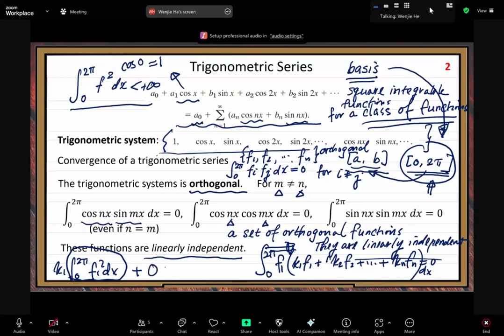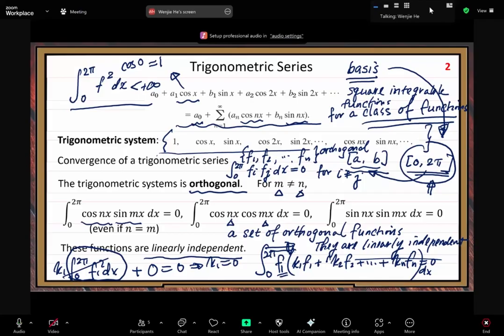Equals 0. Can you get k1 equals 0? k1 must be 0, because that integral is non-zero. So k1 must be 0. In this way, can you prove k2 must be 0? You multiply by f2 on both sides the second time, so you get k2 must be 0.